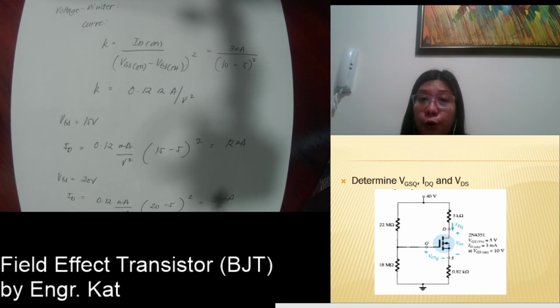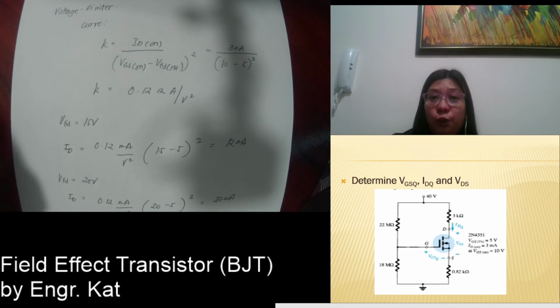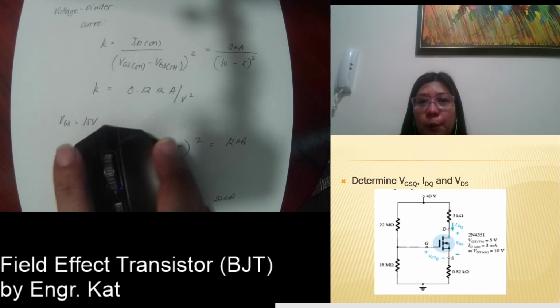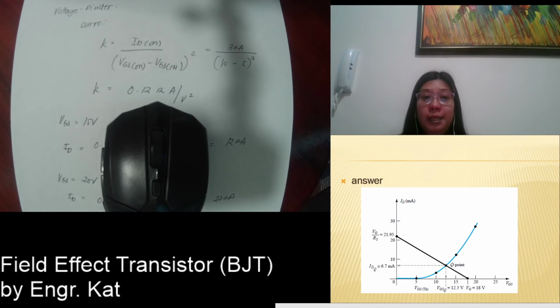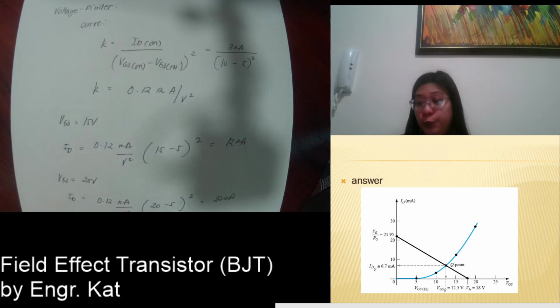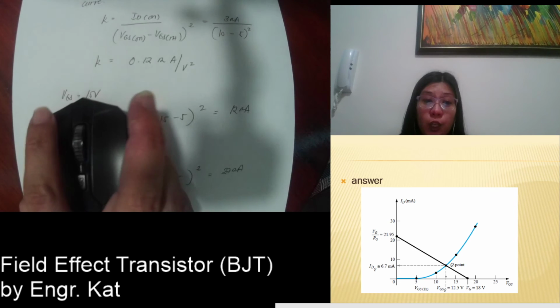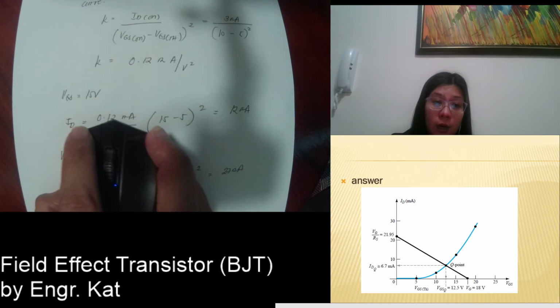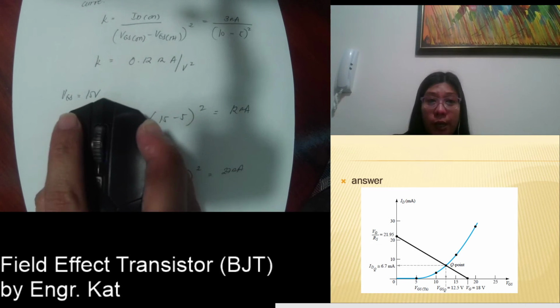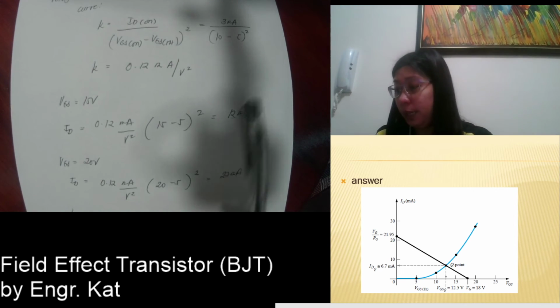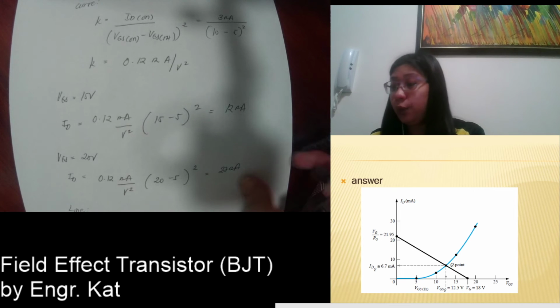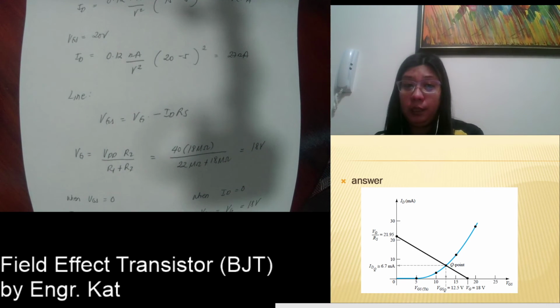You can draw the curve, and then you get the intersection. So the intersecting point will define your Q point, and this is your answer. Okay? So you can compare the 4 points from this and the straight line from this.